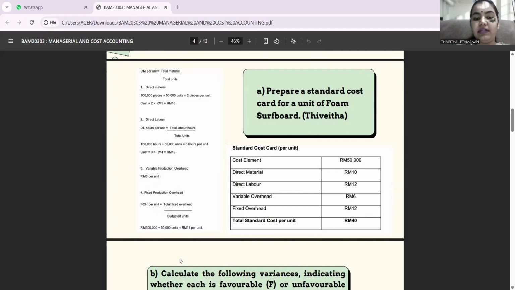The variable production overhead is given as 6 ringgit per unit. Hence, the fixed production overhead is 600,000, which is absorbed at 12 ringgit per unit. Therefore, the total standard cost per unit is 40 ringgit.